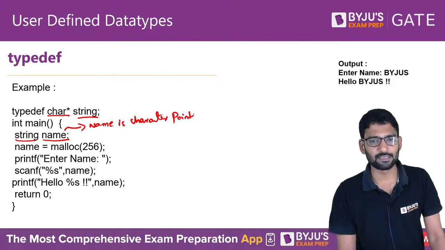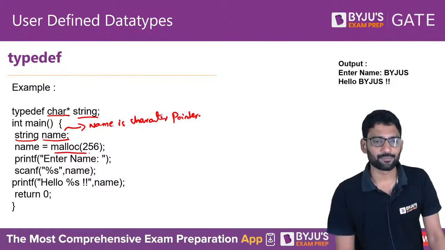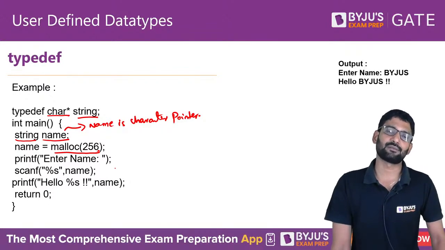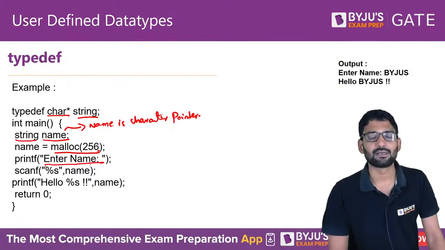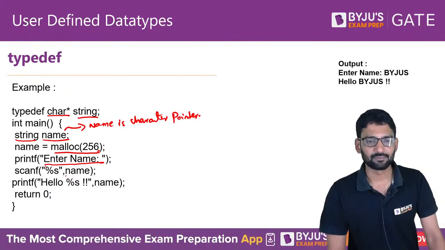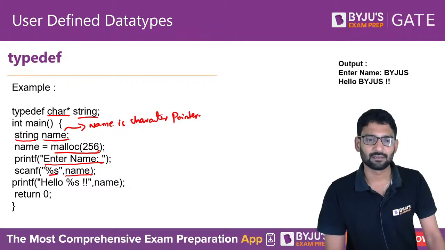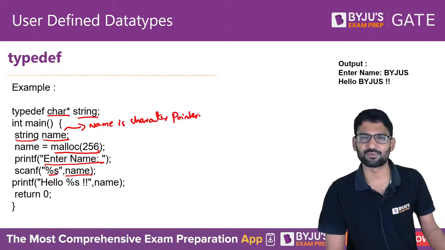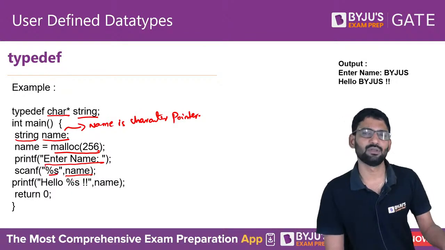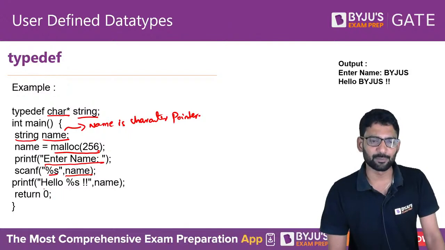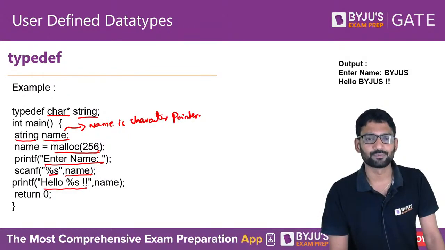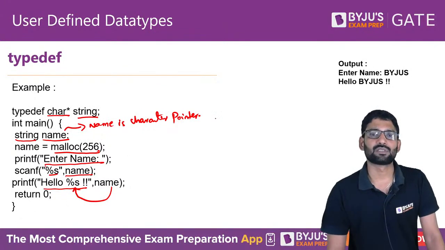And for this I am giving 256 characters at runtime, and I am taking the dynamic input for the name, like enter name. Character pointer is a string, we know. So I have taken the dynamic input, and if I print hello, and in the percent s place we want the name, see the output.